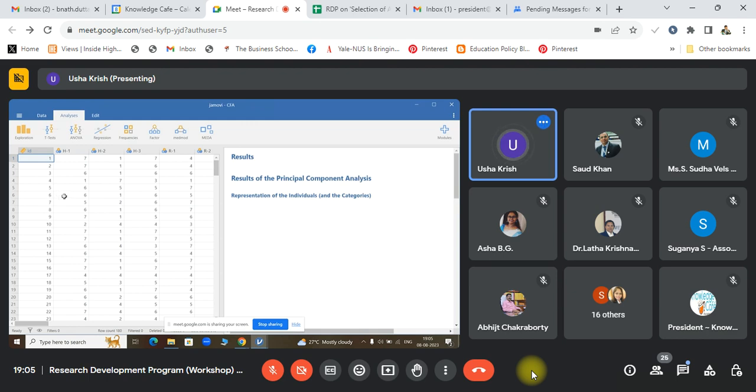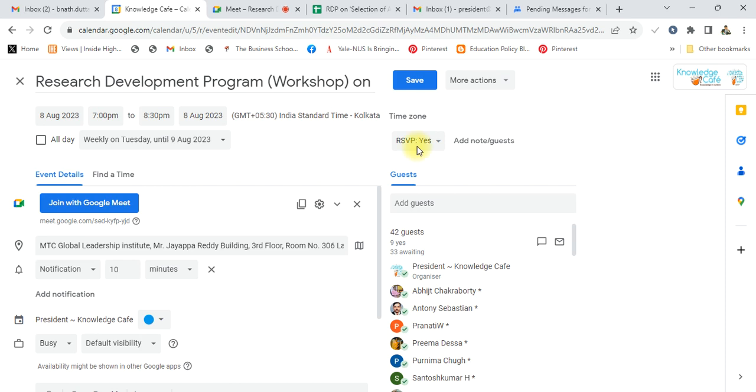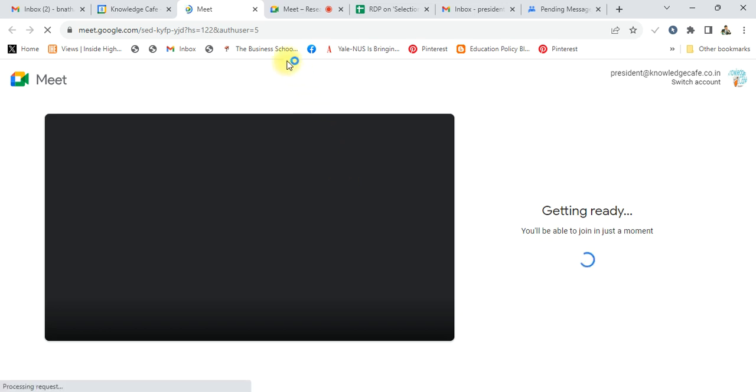That is the first part. Second part, here you have exploration. If you click on that, you can see descriptives. Descriptives means all descriptive statistical calculations can be done by using this particular tab. If you want to use t-test, here you can see the t-test tab.